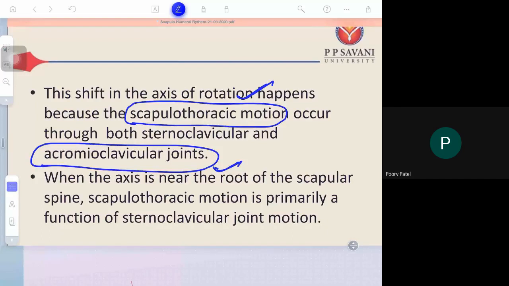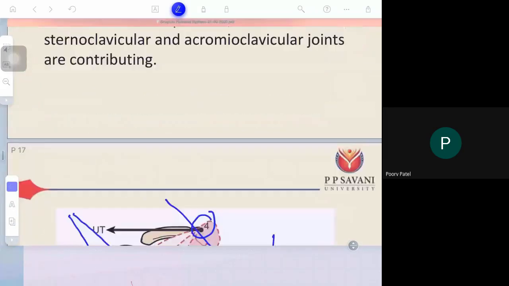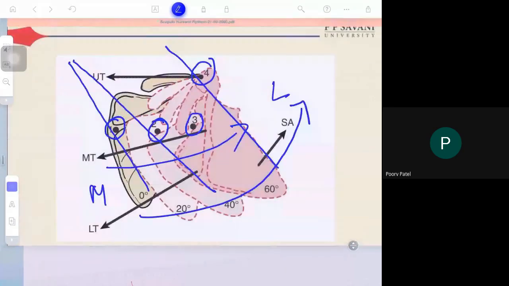Now listen carefully. When the axis is near the root of the scapular spine, which one? That is this one.